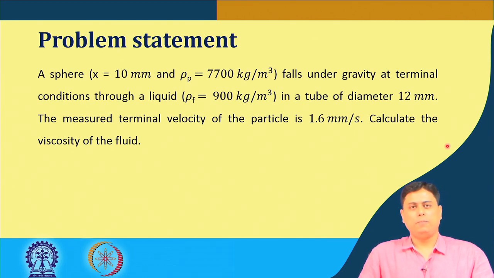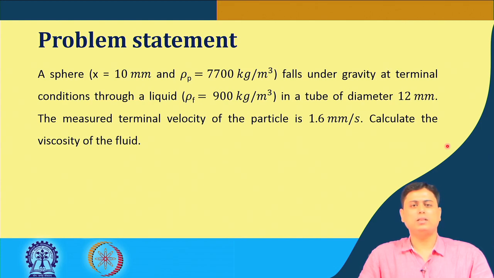So the question here is that we have a sphere of comparable size to the tube. You can notice that the diameter of the sphere is 10 millimeter and the diameter of the tube is 12 millimeter. So it is comparable in magnitude, which means when it falls through the test tube, its motion or its terminal velocity will be influenced by the solid boundaries.